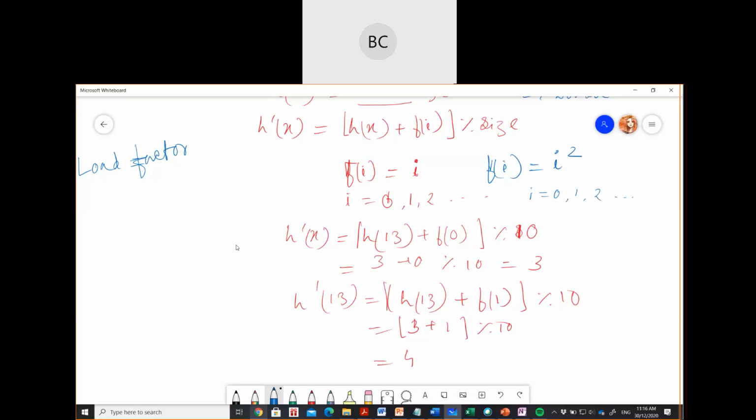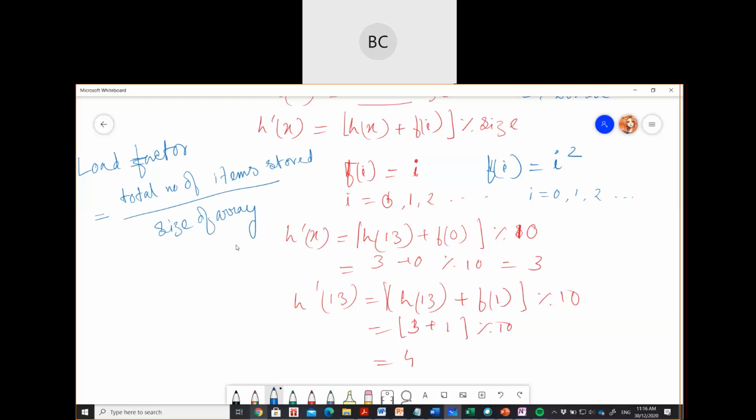So your load factor, you can say, is the total number of items stored divided by the size of the array. This is the load factor.